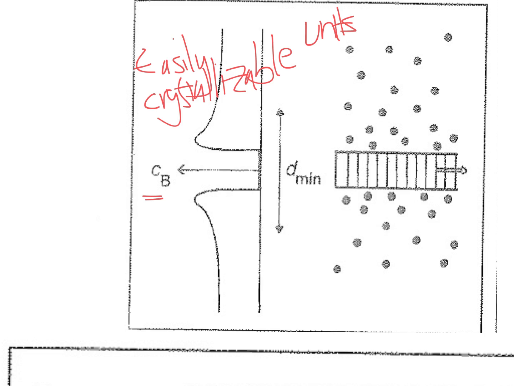And what's happened is we have formed this crystal structure. We have used up all the easily crystallized units, so their concentration has dropped off to 0 in the immediate vicinity of that crystal. And then we have a bunch of them floating around, gradually being attracted to that crystal as it's growing. And so there's a high concentration that kind of falls off with time. But what's happening is they are being delivered to that crystal and starting to crystallize and give you that structure.